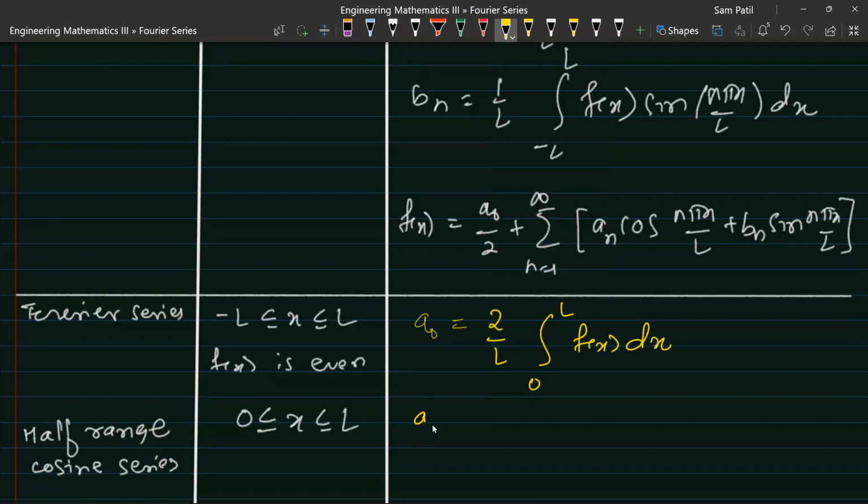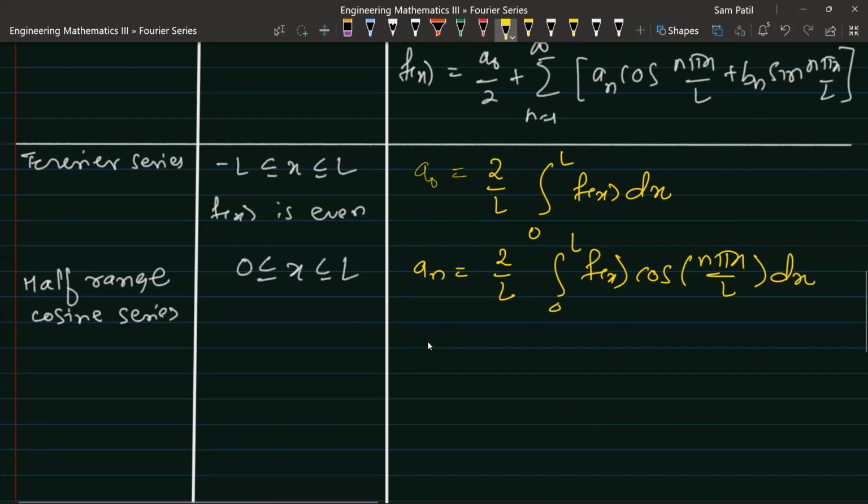What is an? An is 2 upon L integration 0 to L f(x) cos(n pi x upon L) dx. Am I right?